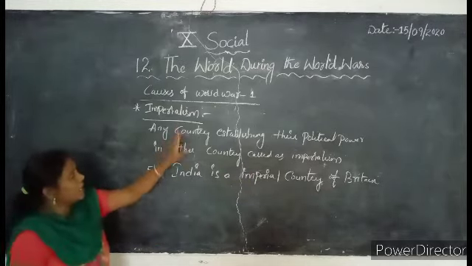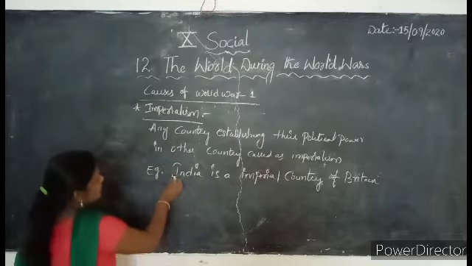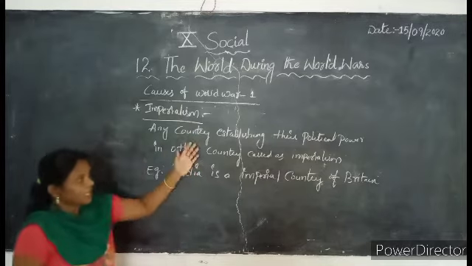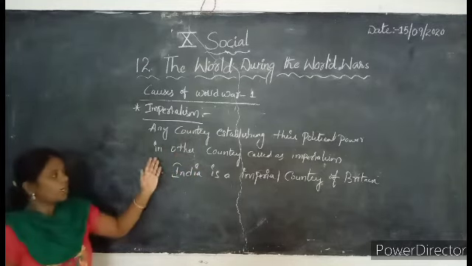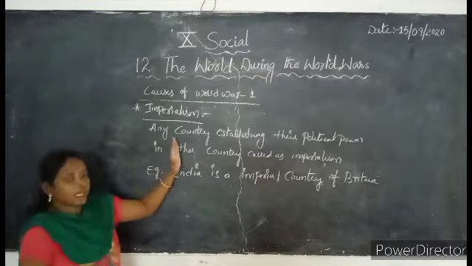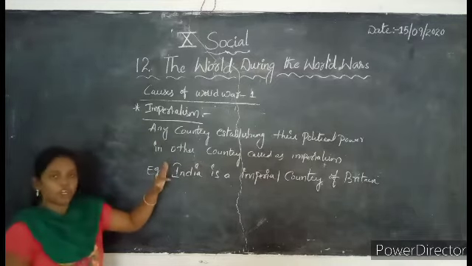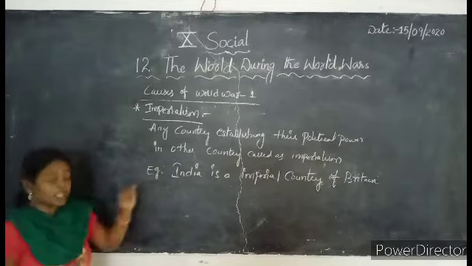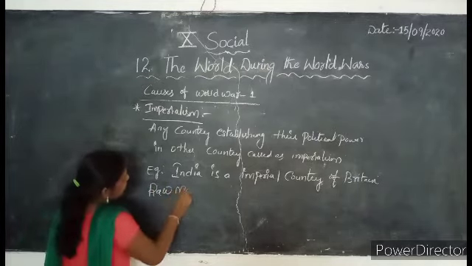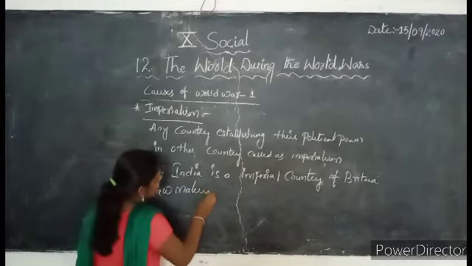What do you mean by imperialism? Why did they start expanding their political power? In order to expand their colonies. Developed countries have a large number of industries, so they require raw materials. Developed countries require what? Raw materials to run their industries.